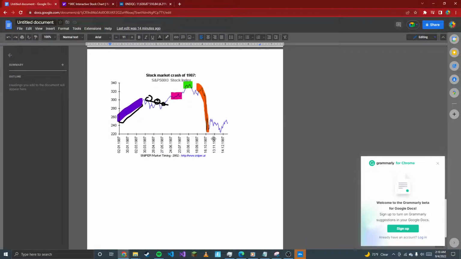Alright, so now we have 1987. The 1987 crash, a very bad crash. I think it was called Black Monday because it went down so much. So this is the S&P 500. We can see in purple, we have our uptrend, and then here we have the correction phase.